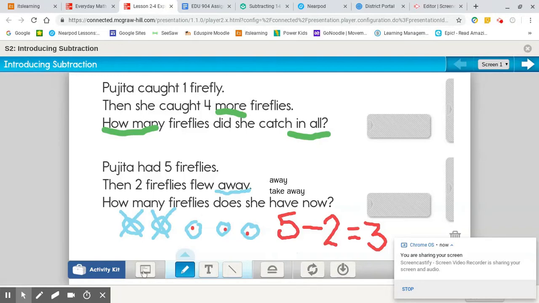Well, think about your unit. 3 what? Well, let's take a look. 3 fireflies. Go ahead and add the word fireflies behind your 3 here. Go ahead and write that in.